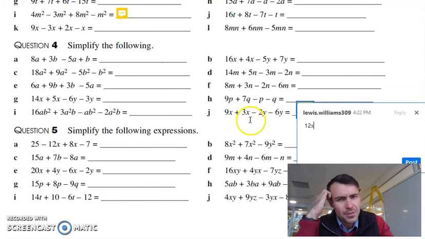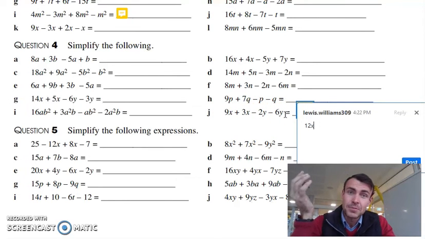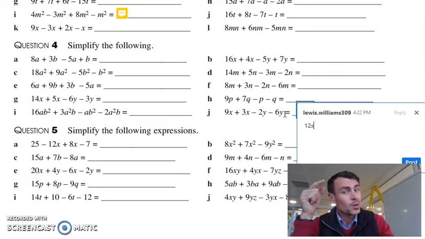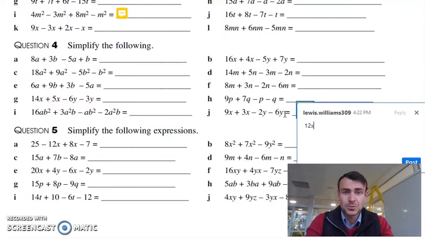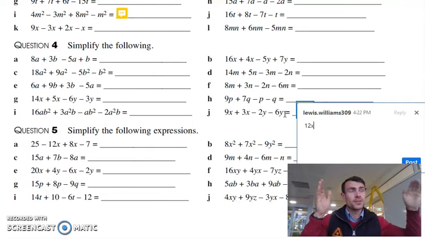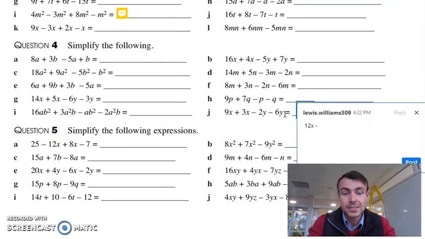But then I have to do something with my minus 2y, minus 6y. This is where the number line comes in handy again, because I'm starting at minus 2 and I have to take away 6. So that's minus 2 take 6 on my number line, which goes to minus 8. So I get minus 8y. And so that would simplify that one.